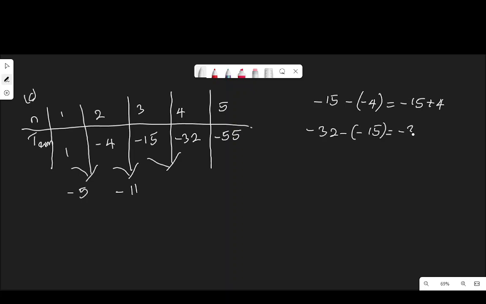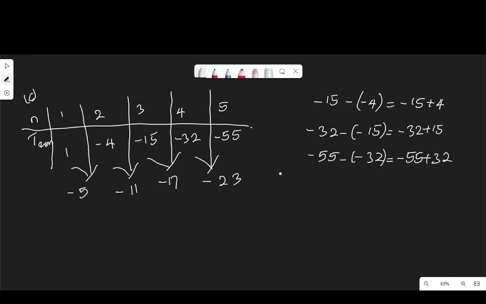That is minus 32 plus 15, which gives us minus 17. And then minus 55 minus minus 32. That is minus 55 plus 32, which gives us minus 23. That is the first order difference.